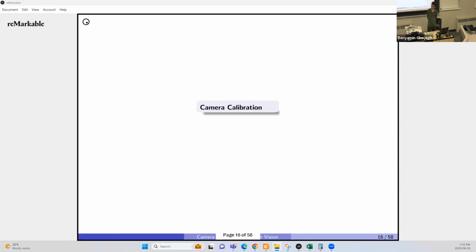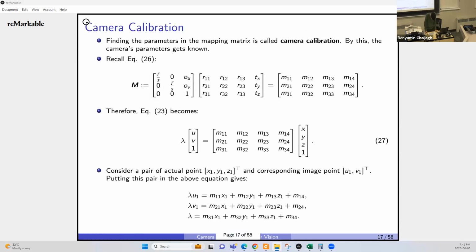Okay. So now let's talk about camera calibration. You buy some camera for your company, and you place it somewhere, for example, for some operation by your company. It's a brand new camera. You place it somewhere, and there are objects in the scene.